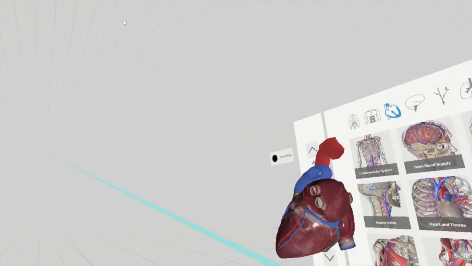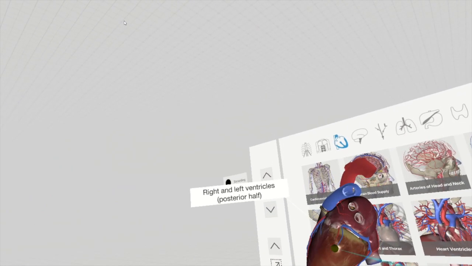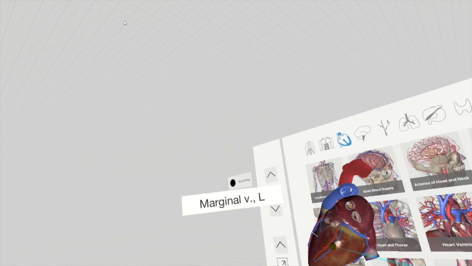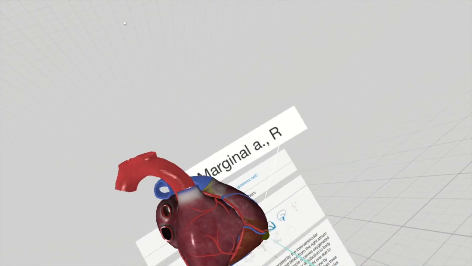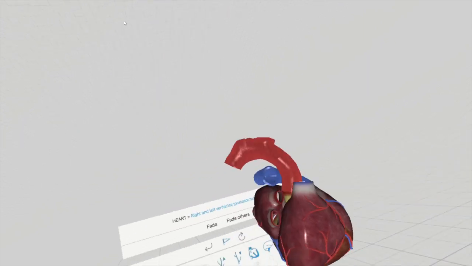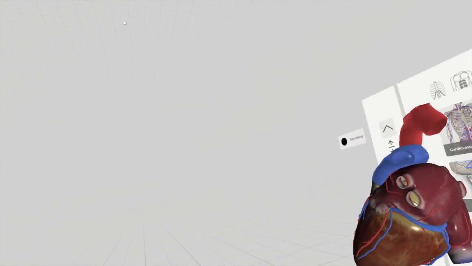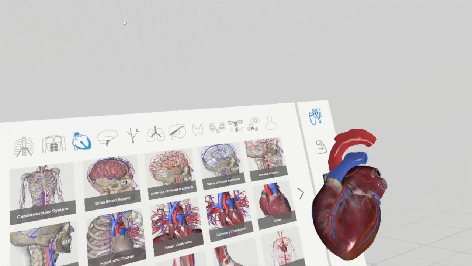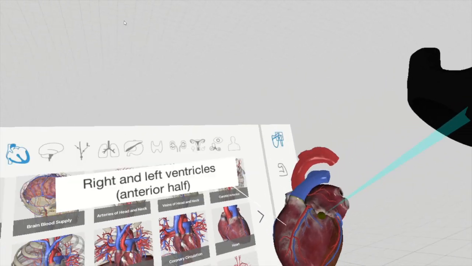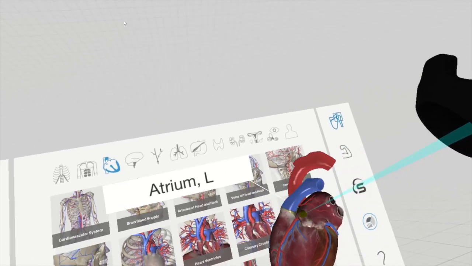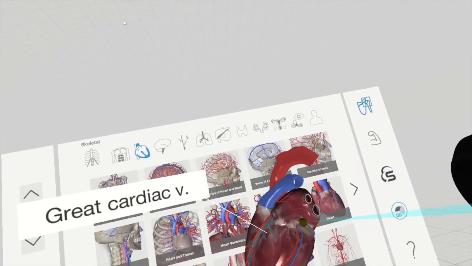On each side, you have marginal veins or small cardiac veins. You can see the left marginal here, and then you can see the right marginal on this side as well. The main vein that you're going to be able to identify, other than the coronary sinus, is our great cardiac vein that's on the anterior surface and even travels around the side here.